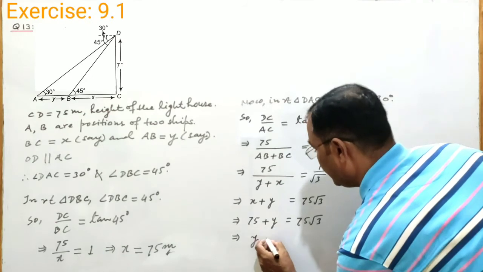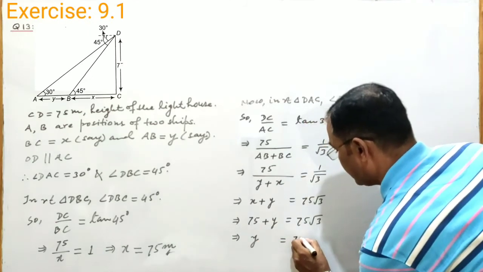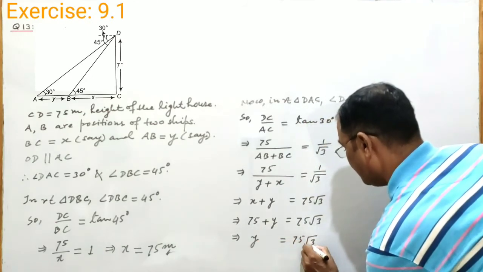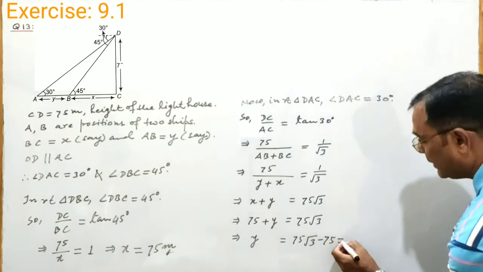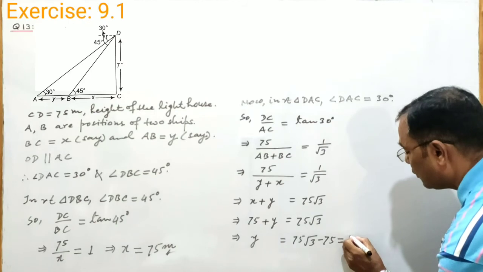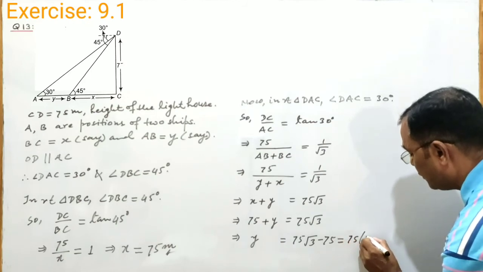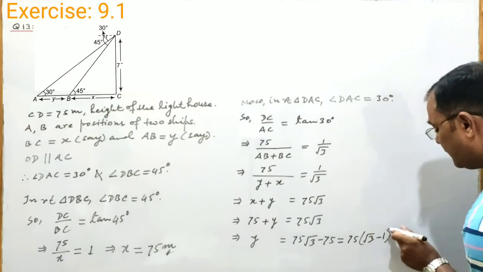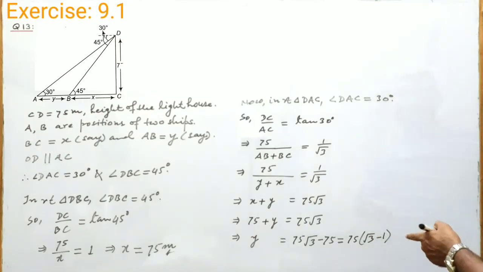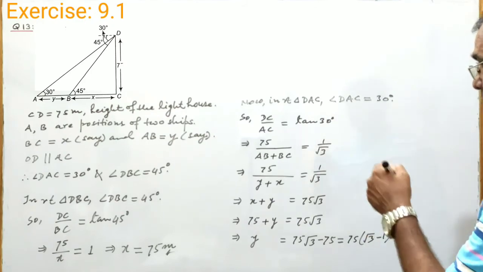So Y is equal to 75 root 3 minus 75; 75 is taken common, so root 3 minus 1, and this Y is the distance between the two ships.